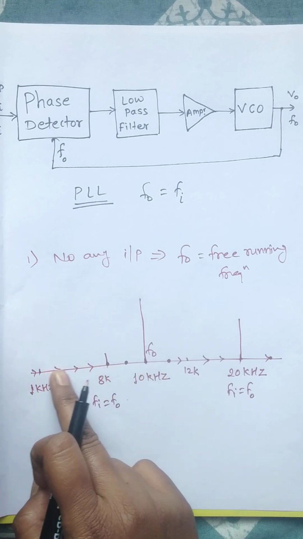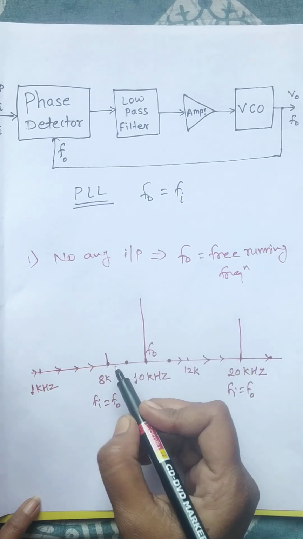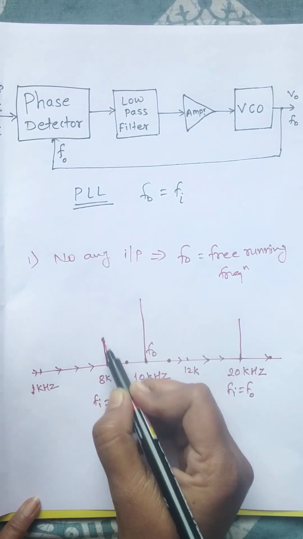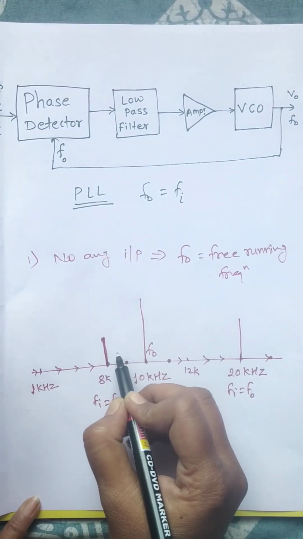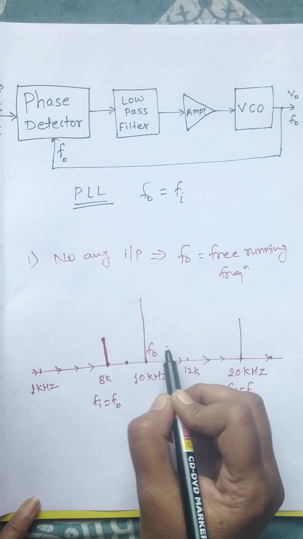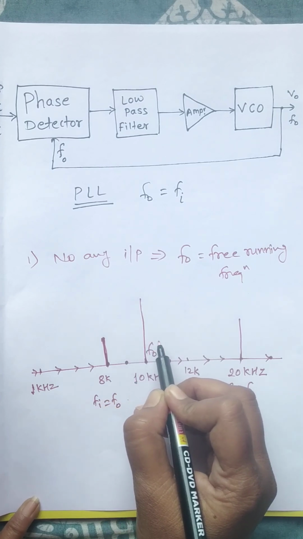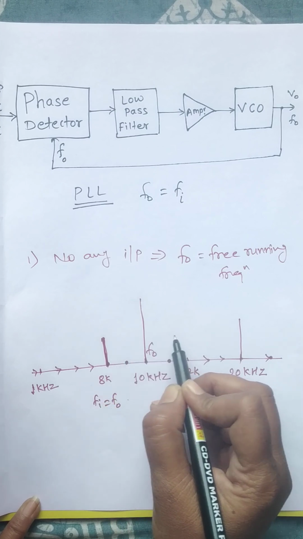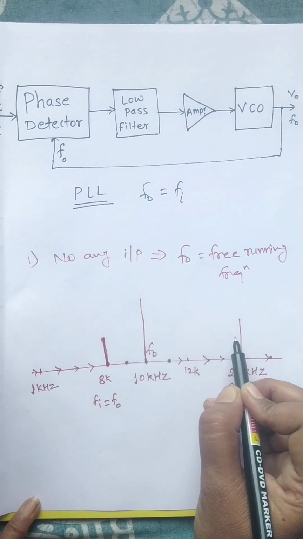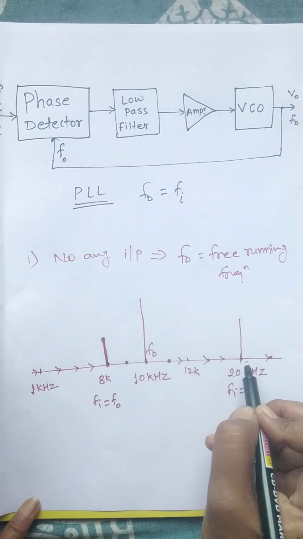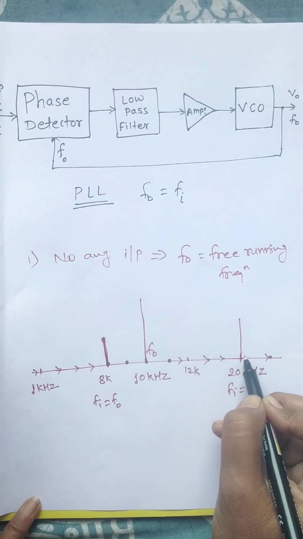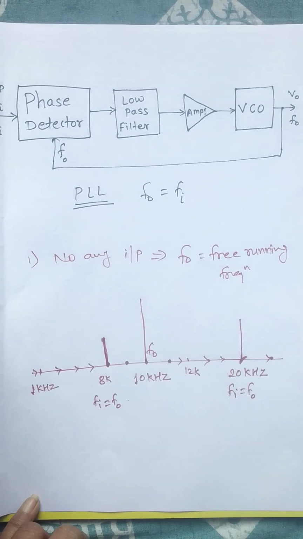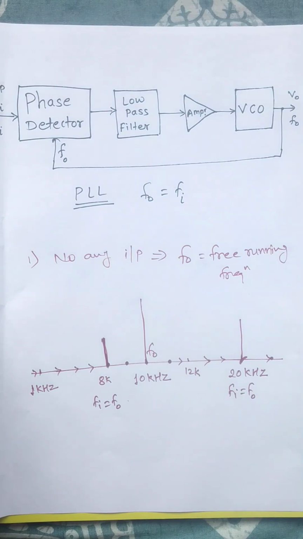The PLL started capturing the signal at 8 kilohertz, and after 8 kilohertz both signals have the same frequencies. We can say that both are now locked. Up to 20 kilohertz the lock is maintained, and after 20 kilohertz the lock has been lost.